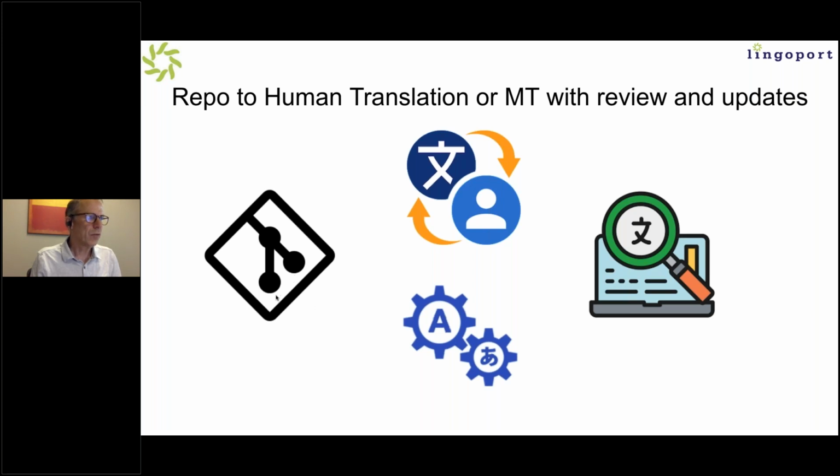You may go machine to repo, machine to repo, machine to repo, and then have a human process. That's something that we support. We don't do it with every TMS, but there are those that we do it with. So you can have a human review the machine translations. The advantage here is that you just don't care how many times the strings change. There's no minimum charge from machine translation.